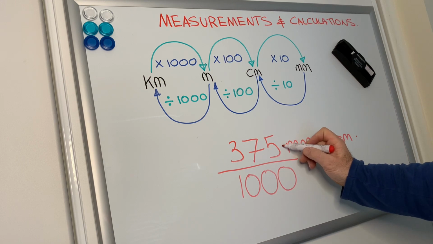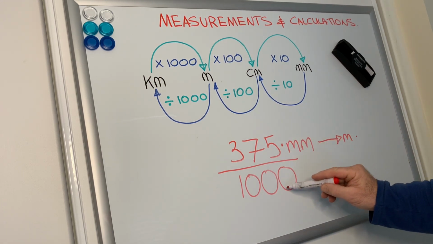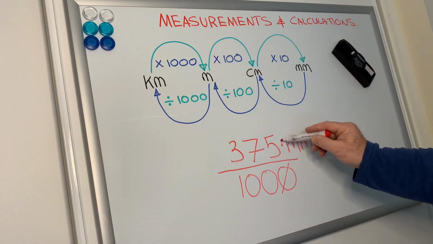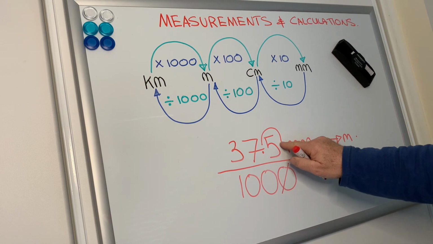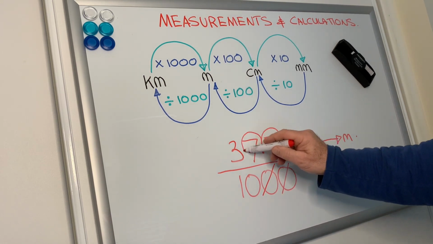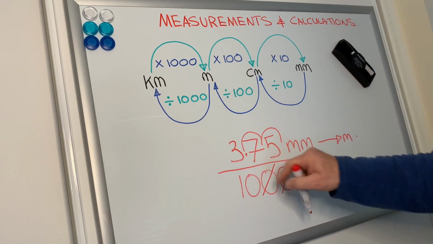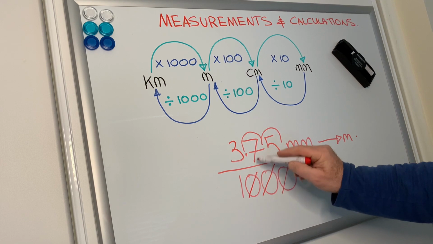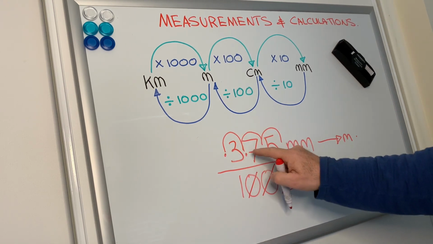Again, the decimal point is there, and we're going to now cross this 0, move the decimal point to there. That's the decimal point. Let's take this one out. We're going to cross this 0. We're going to move the decimal point to there. And we're going to cross this 0 out, and we're going to move the decimal point into there.